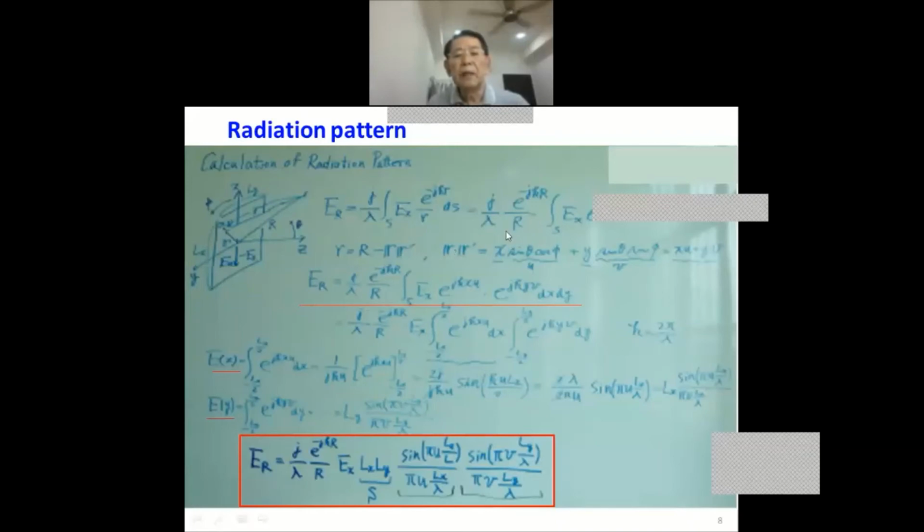This R is not depending on the integral. So the integral is only on the aperture coordinates. So it becomes separate integrations. So this is the integral in the x direction. This is the integral in the y direction.